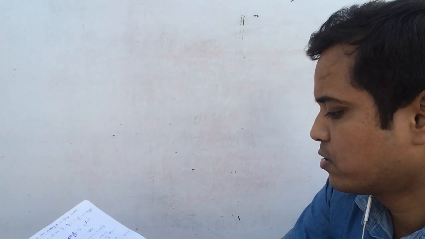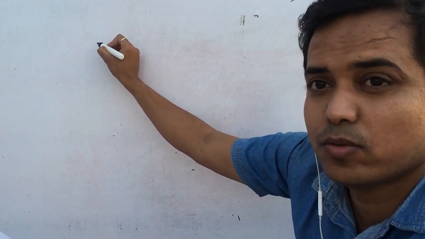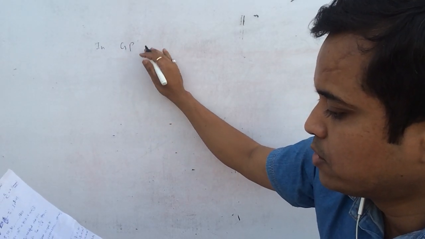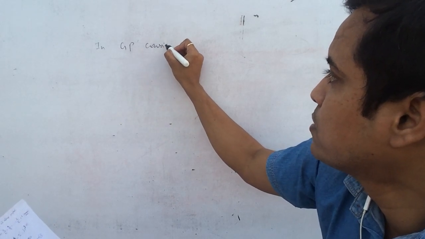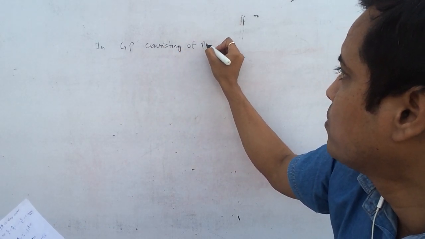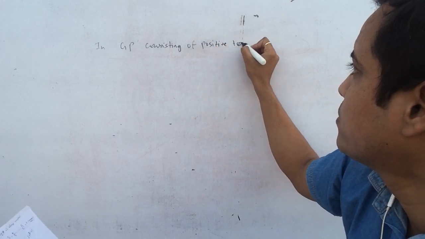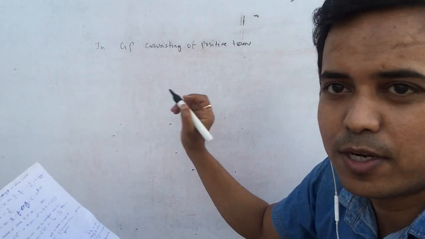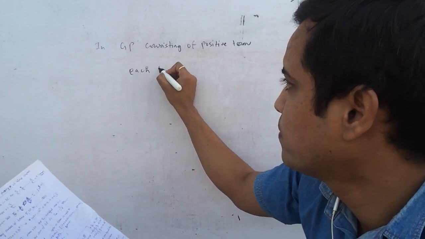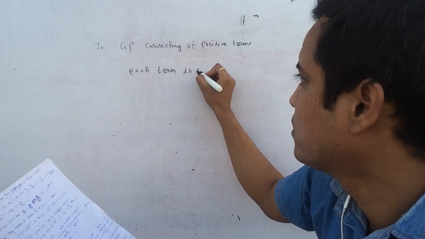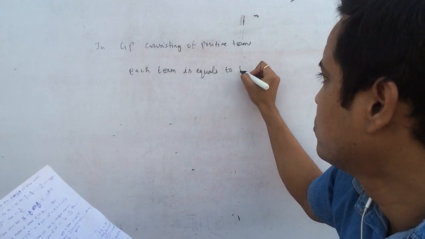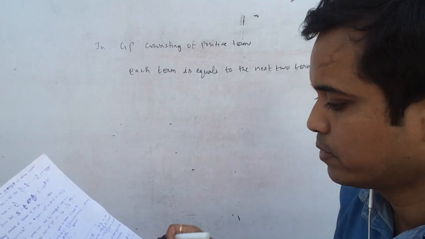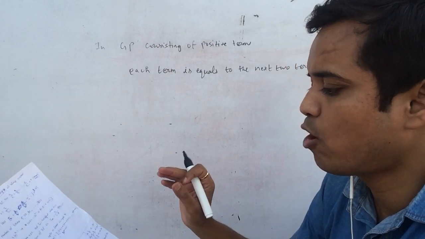In the geometric progression GP consisting of positive terms, so the question is, each term is equal to the sum of the next two terms, then find the common ratio of the progression.